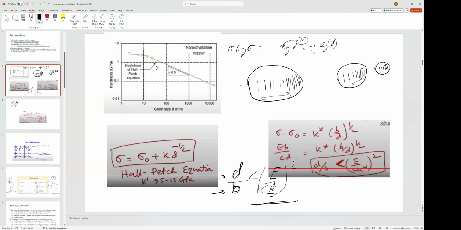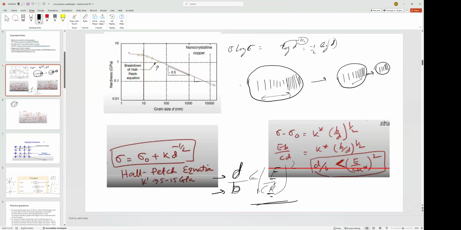Now the dislocations have to move from one grain to another, and that requires much more energy than to just create a dislocation. So as you're reducing particle size, you're piling up more and more dislocations. So that's the reason you get this hardening.